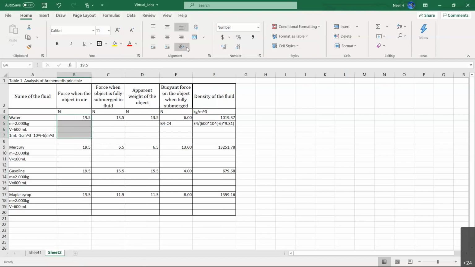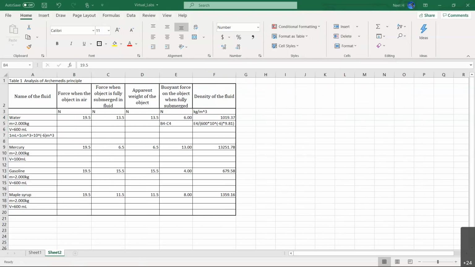Somewhere should be here. Let's take a look. Those formatting options, you can just play around with. It's not really a big deal. You can find them as you go on, okay? Merge and center. Yeah, you can do that. That's fine, I think. Those things you can learn. It's not a big deal.